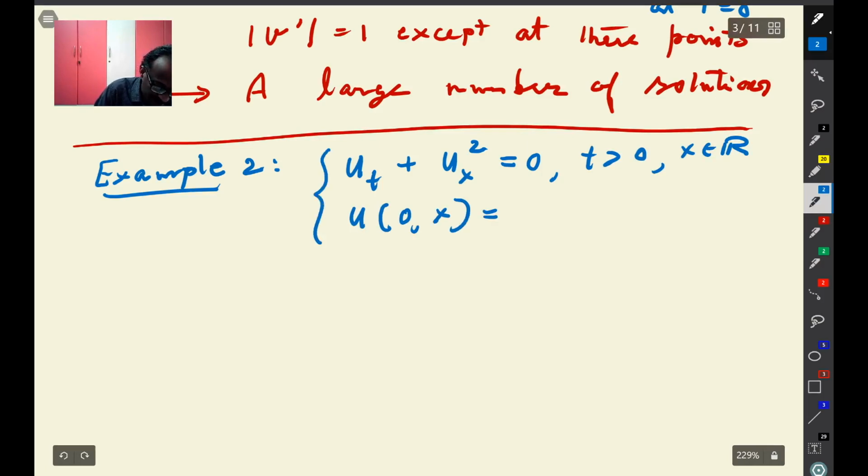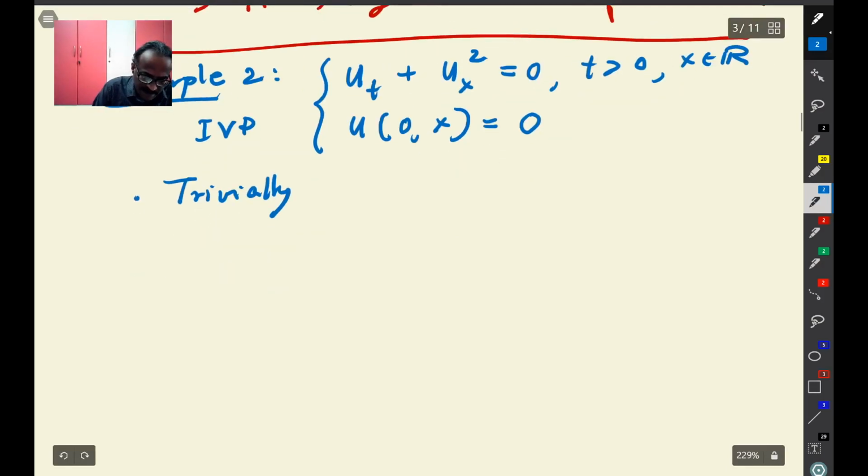So this is an initial value problem, and I am putting u0 of x equal to 0. So immediately, trivially, u identically 0 is a solution.